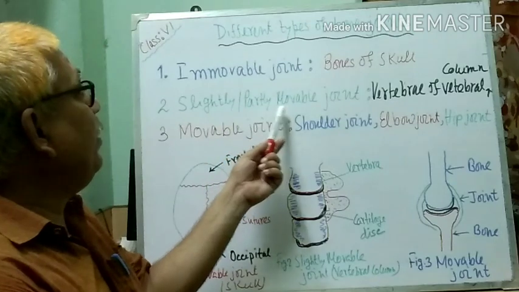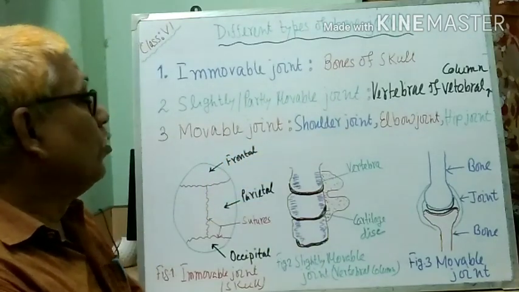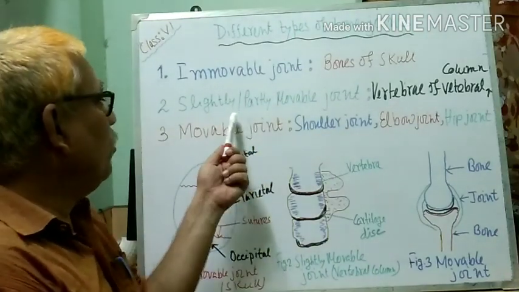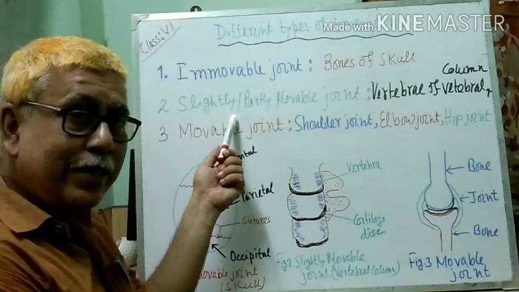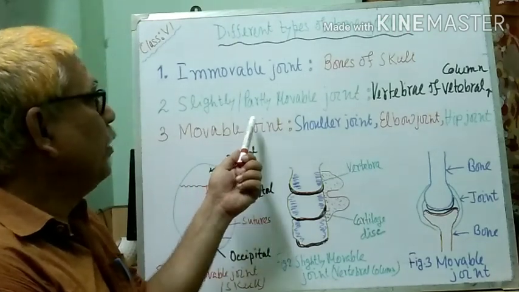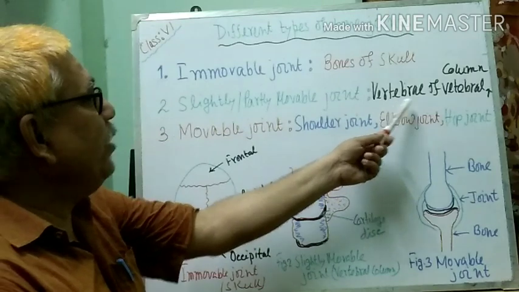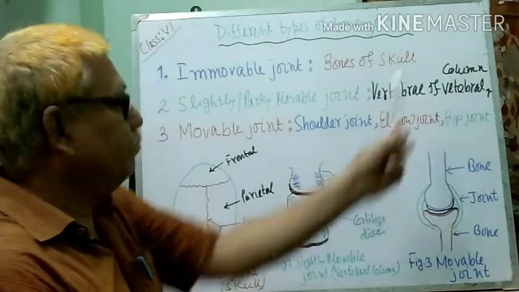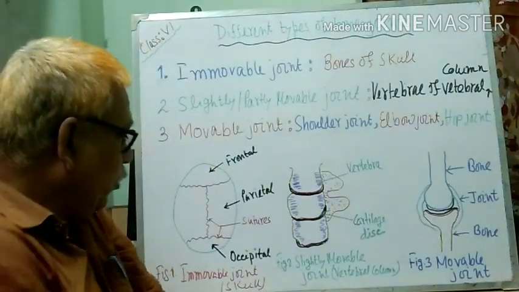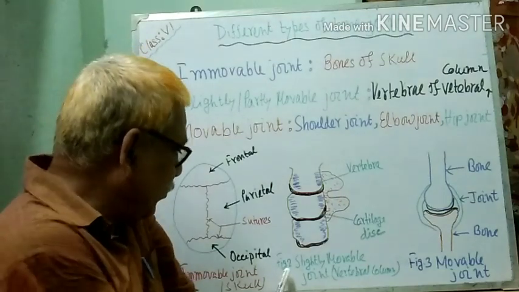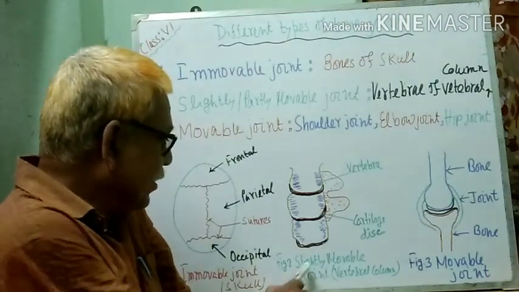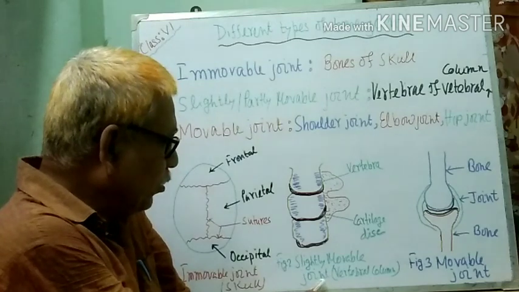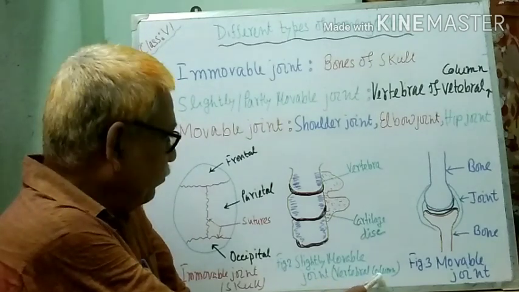Now, second, slightly or partly movable joint, also called cartilaginous joint. Example, vertebrae of the vertebral column. Look at this figure 2, slightly movable joint, vertebral column.